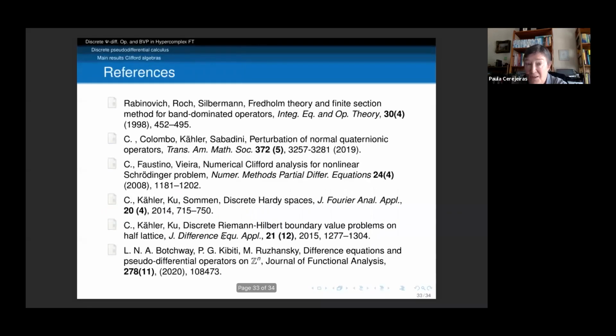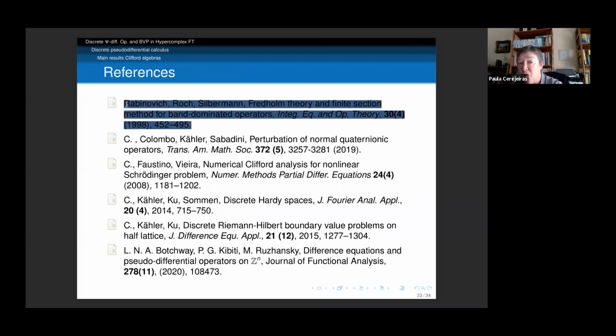So these are some references. These refer to the cases which were already defined by Rabinovich to take care of discrete operators in terms of pseudo-differential operators. In the second article, we were taking into account the notion of S-spectrum regarding normal quaternionic operators.